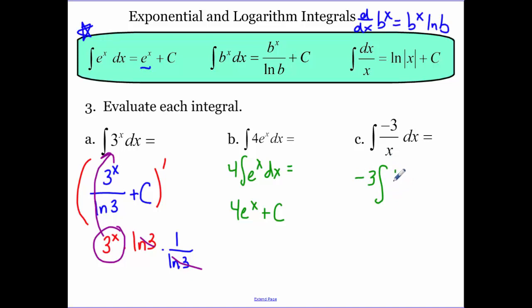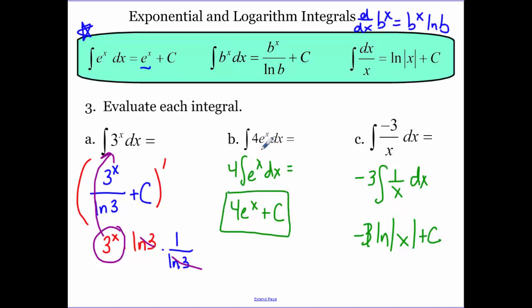So I have the integral of 1 over x dx. What function's derivative is 1 over x? Well, I was already thinking about my ln, the ln of x plus c. And again, remember, each one of these answers you can then take the derivative of, and hopefully you should get the inside piece.